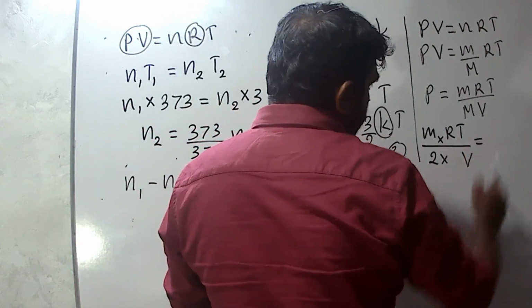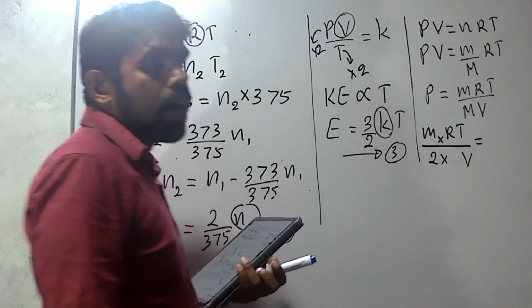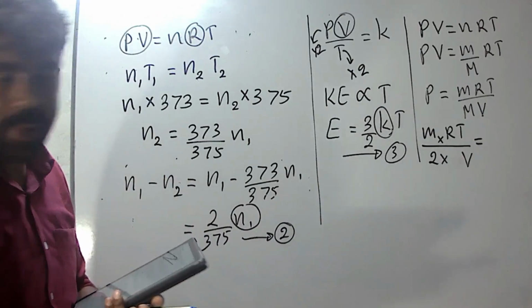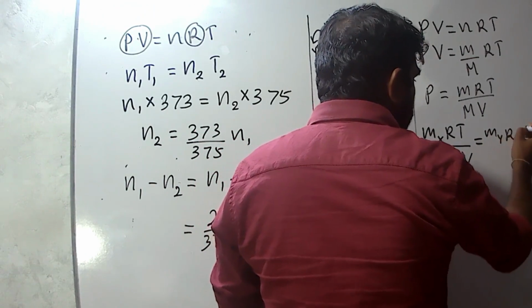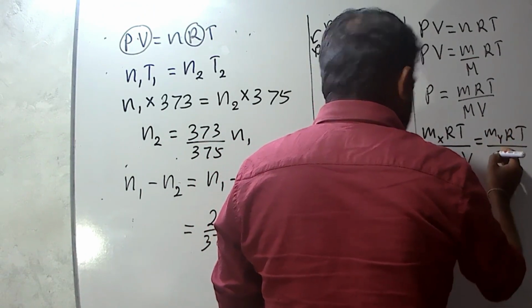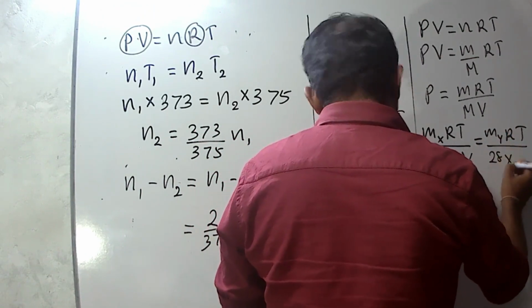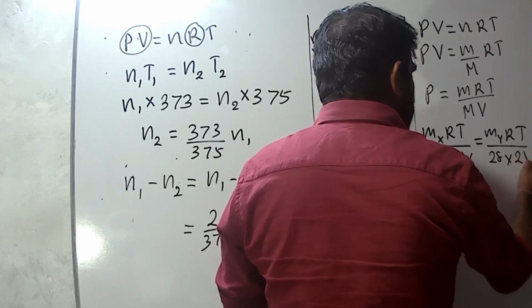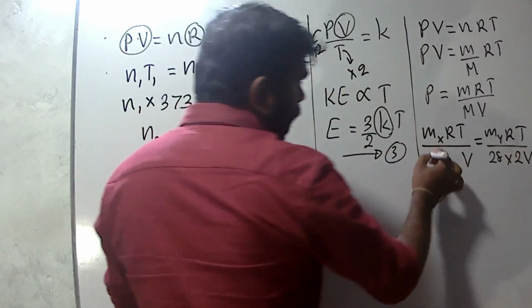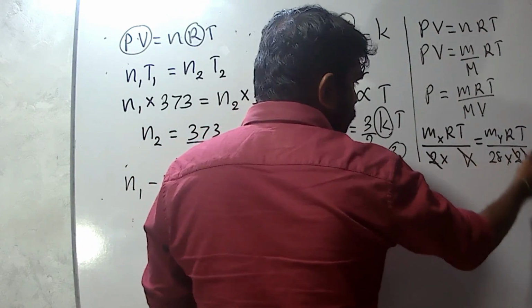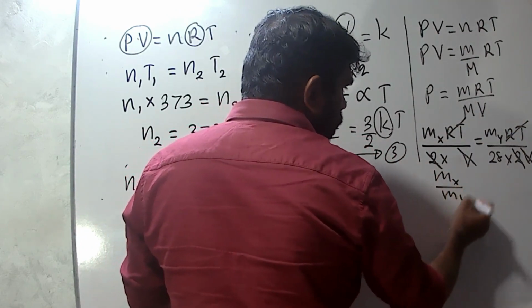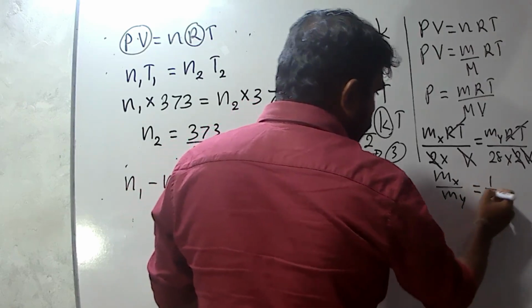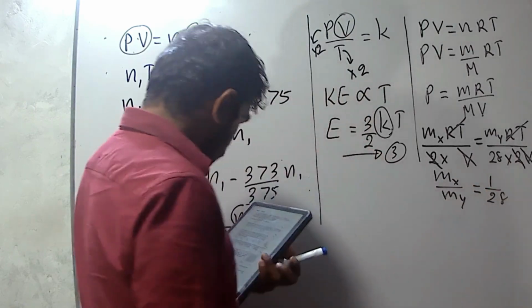Equal to the pressure of gas in the second bulb: mass of Y, RT divided by molar mass 28 into volume V. Then we can cancel out the common terms, and Mx divided by My is 1 over 28. Then the answer should be 1.